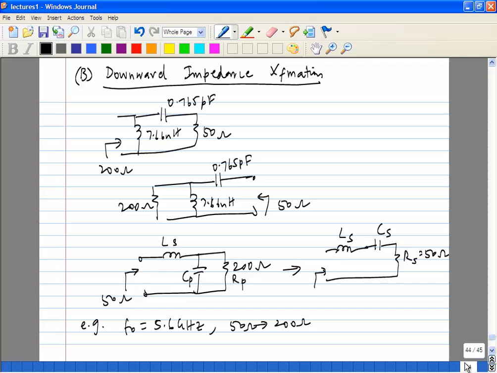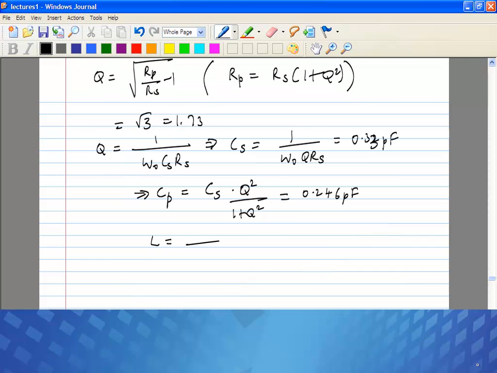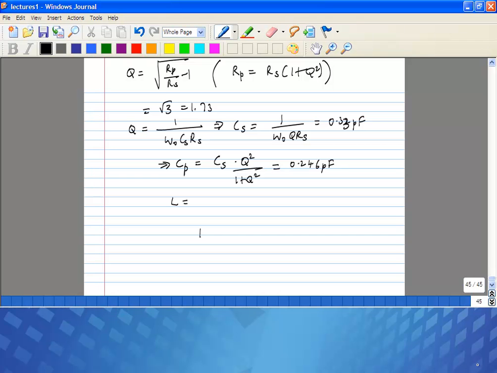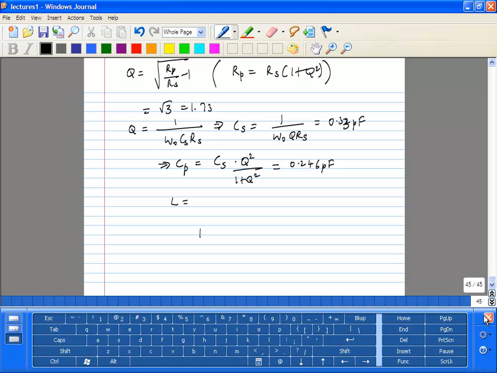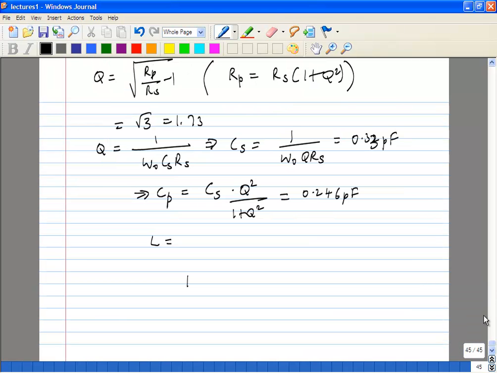Cs, right? So in this case, that happens to be approximately 2.46 nanohenries, 2.5 nanohenries.